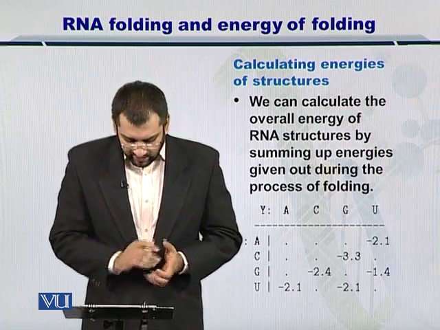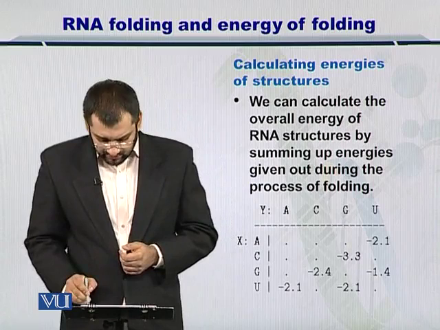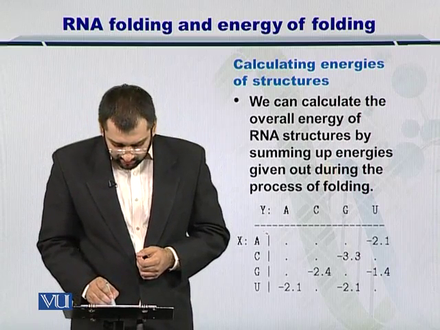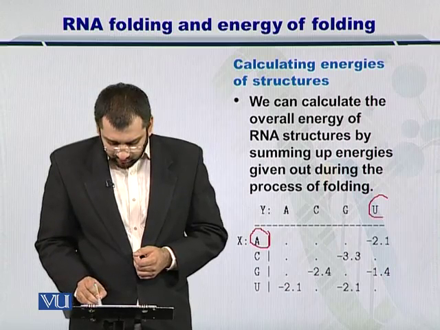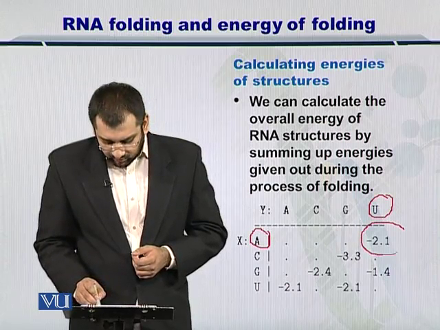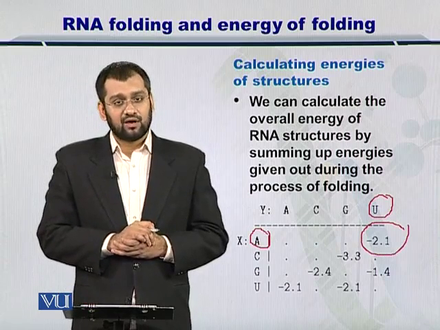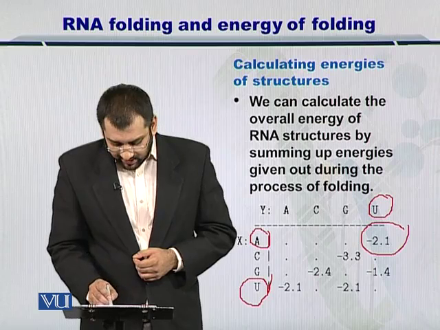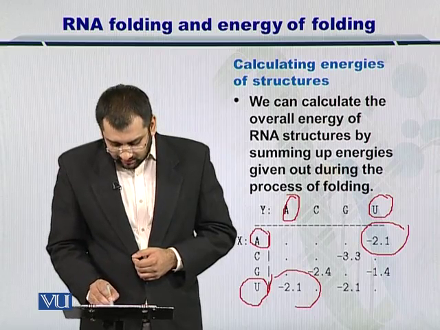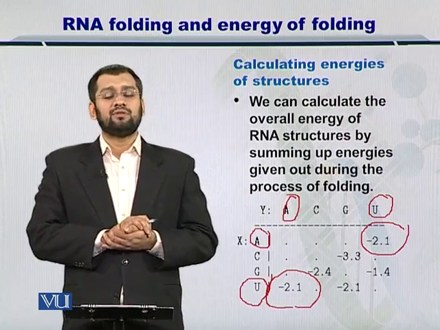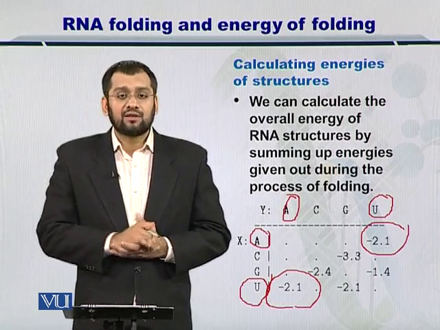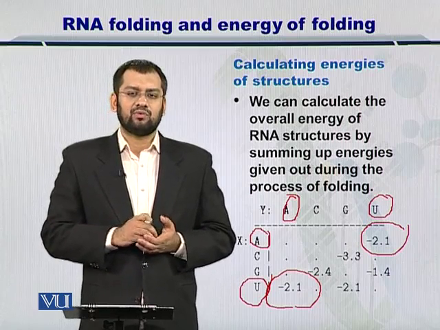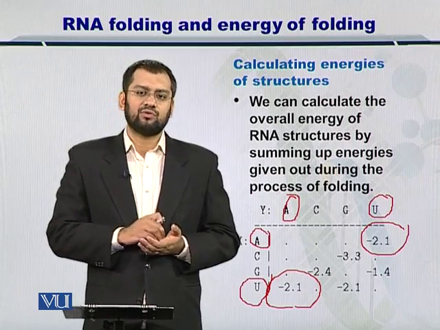So for that, you can look at this table in which you can see that if an A is coupled with a U, then minus 2.1 kilocalories per mole is given out, right? Similarly, if U is coupled with an A, then another minus 2.1 kilocalories is given out. So by looking at this table, you can look up the energy that is given out as a result of coupling of the two nucleotides.